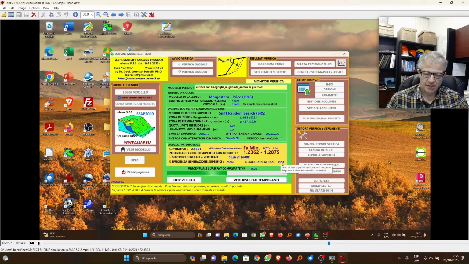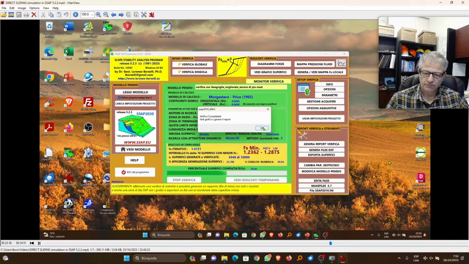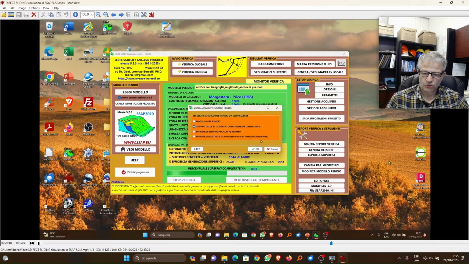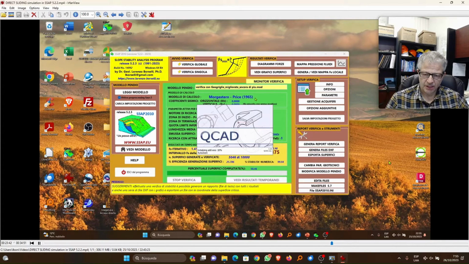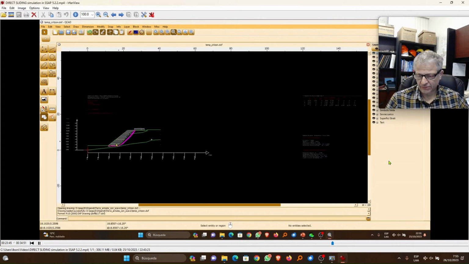We are more or less arrived at the end of the process. Also, we can use more time, but we stop here. We can show the final result of the 10 lowest safety factor surfaces.